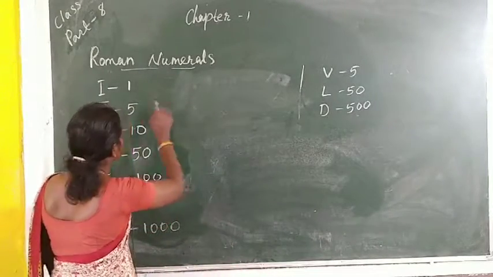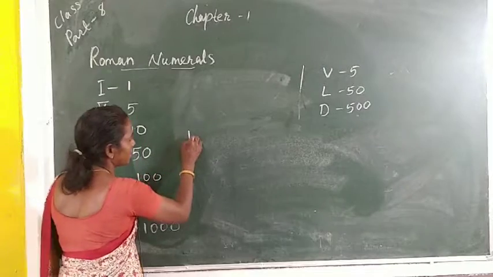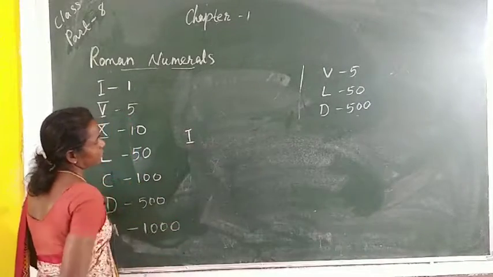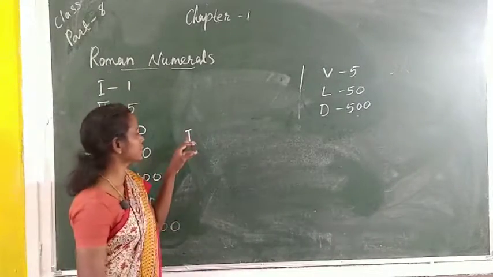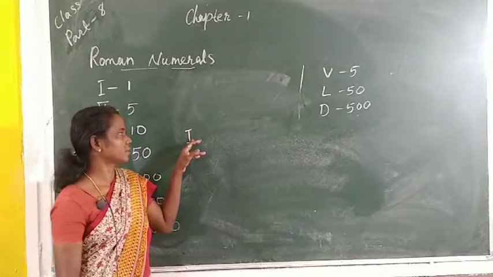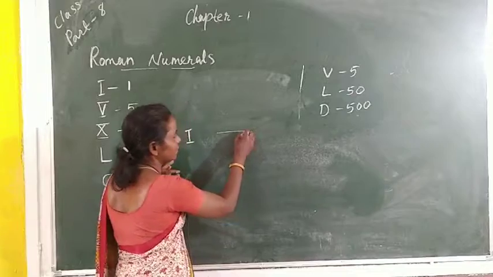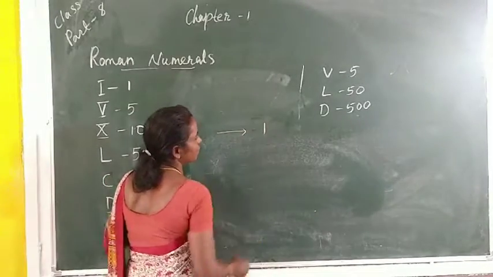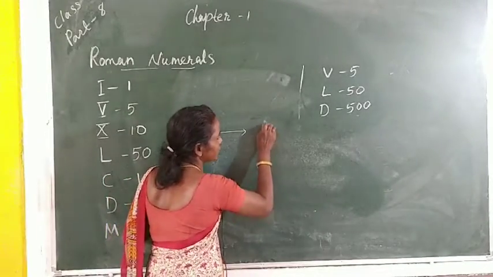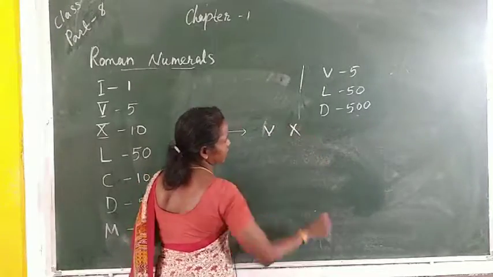The next rule: the symbol 1 can be subtracted only from which symbols? 1 can be subtracted only from 5 and 10.